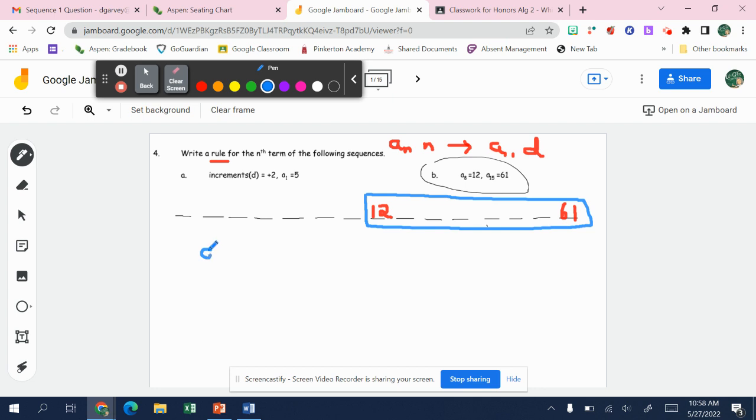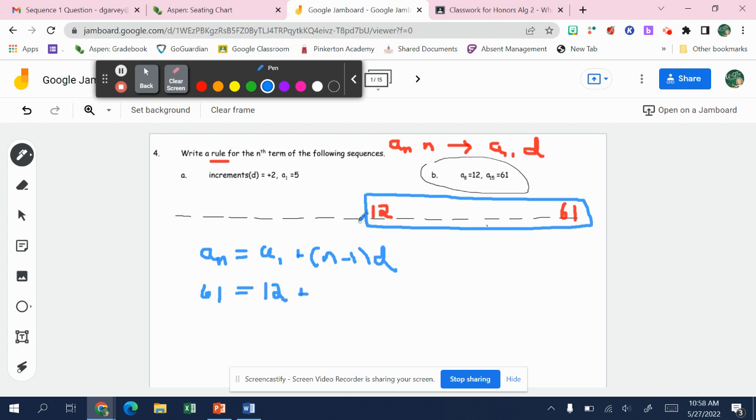So my formula will be an equals a1 plus n minus 1 times d. And in this case, if I'm only considering this piece of the sequence, then my an will be 61. My a1 will be 12.